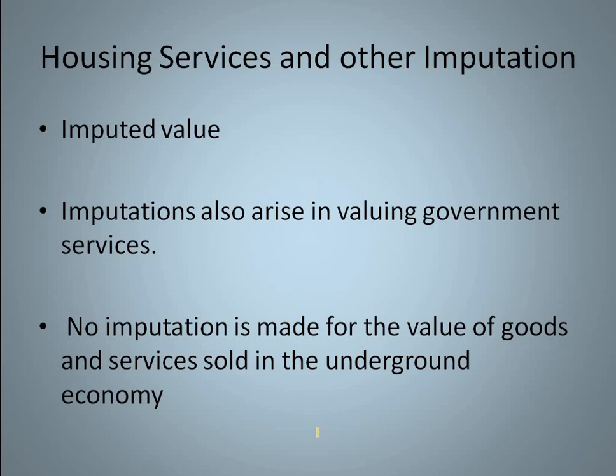The last one: no imputation is made for the value of goods and services sold in the underground economy. The underground economy is the part of the economy that people hide from the government, either because they wish to evade taxation or because the activity is illegal.